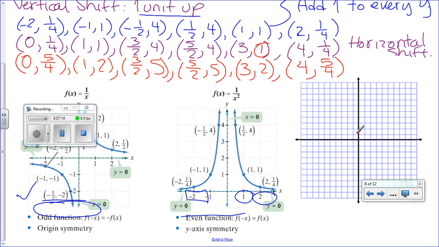And then we have 1, 2. 3/2, 5. 5/2, 5. 3, 2. And 4, 5/4.